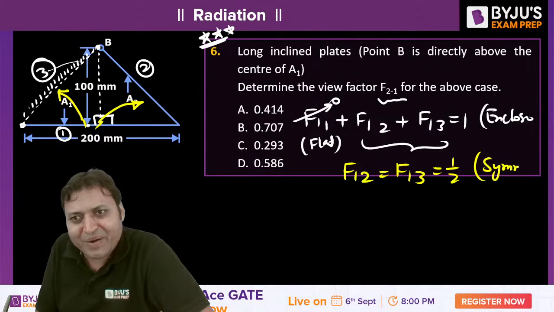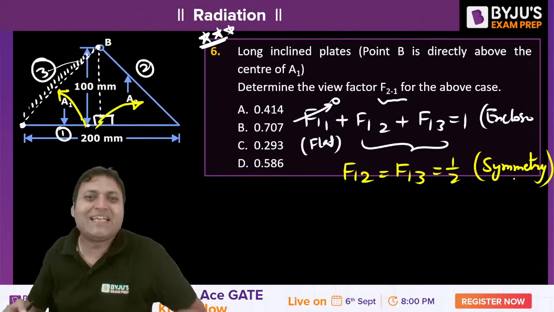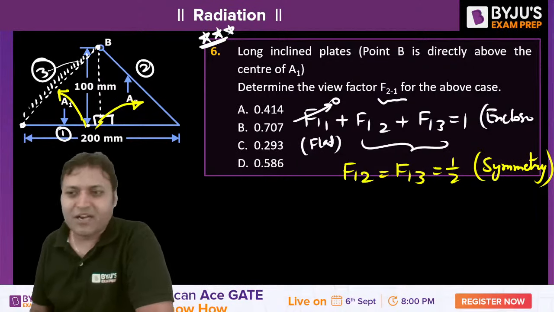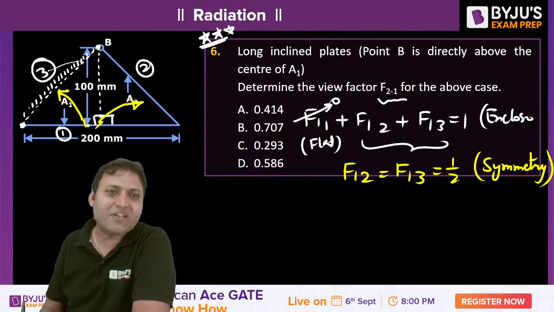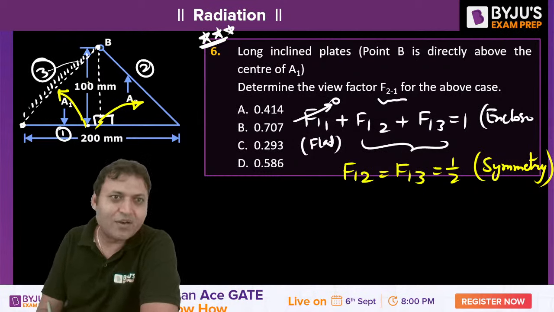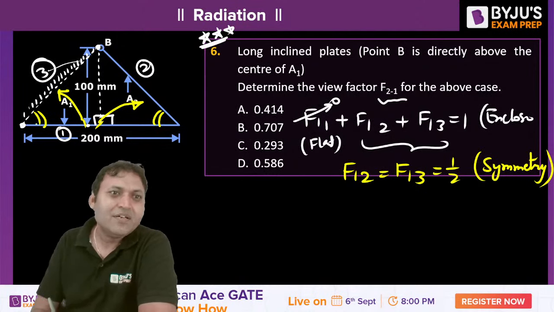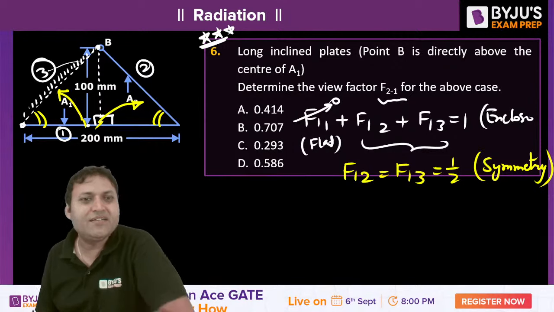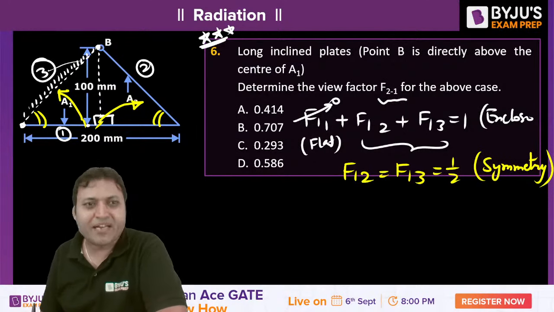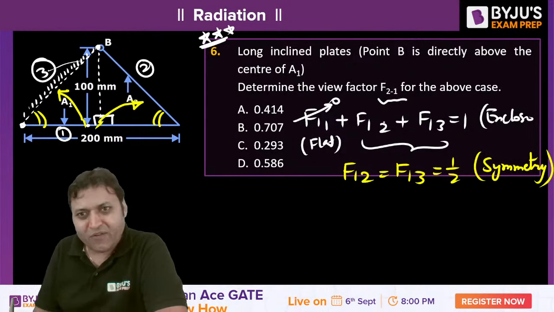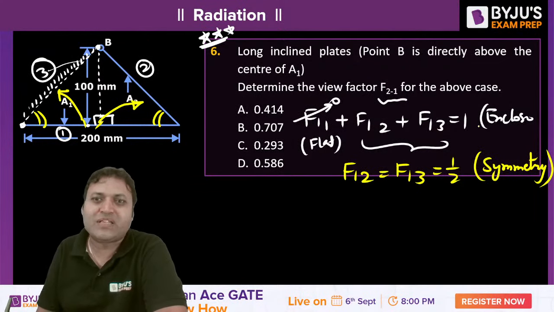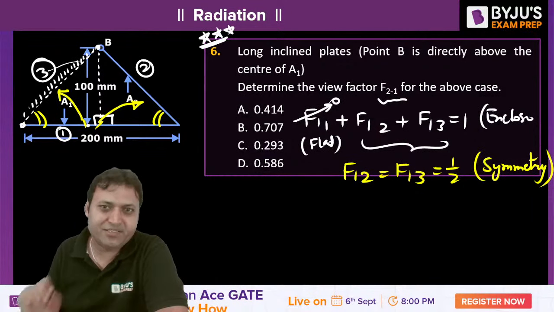Surface 2 and 3 are symmetrical with respect to surface 1, isn't it? Both are symmetrical because this angle is the same as this angle. They are making the same angle. Their dimensions are also the same, same orientation. So they will be symmetrical with respect to surface 1. If F12 plus F13 is 1, then F12 and F13 are equal to 1/2 each.